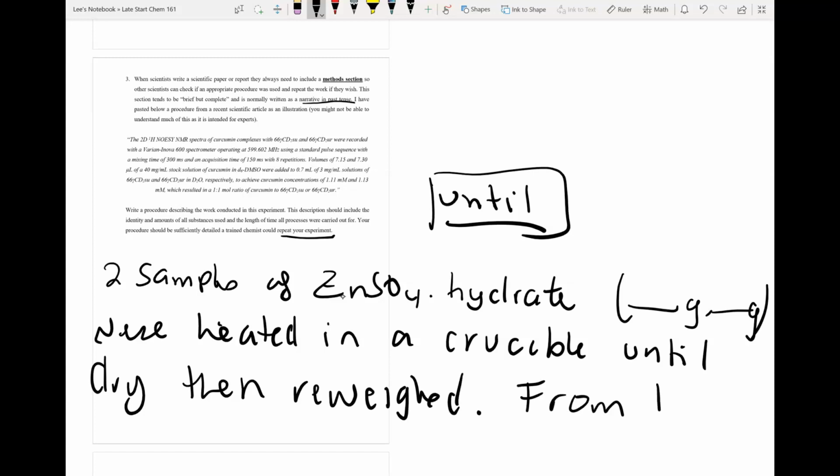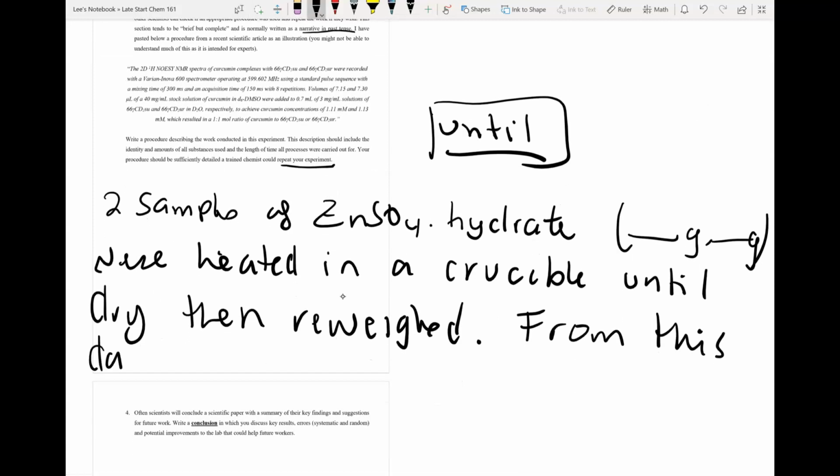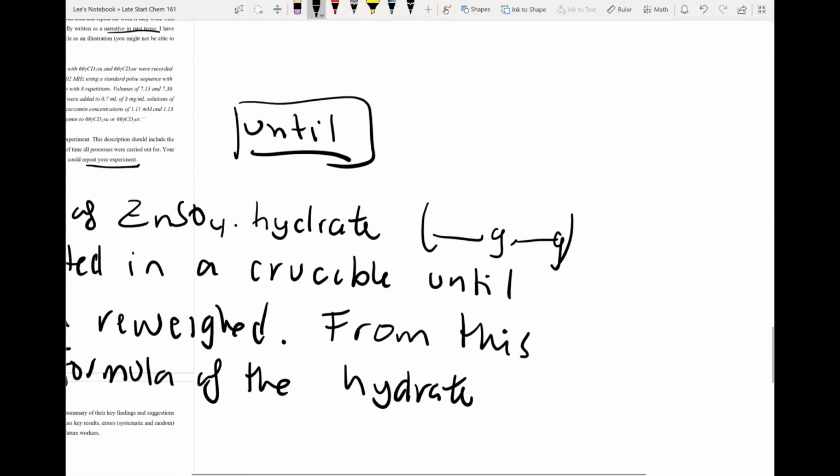From this data, the formula of the hydrate was determined. Boom.